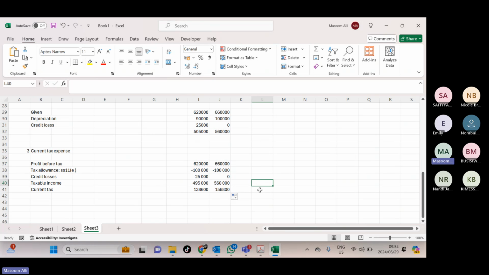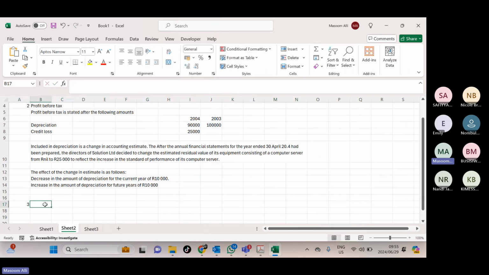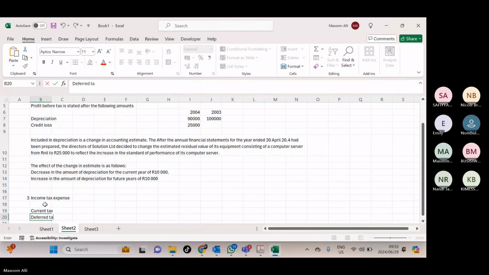Okay, and this then we would put in our income tax expense notes. So we have an income tax expense note over here. We'd say, remember, income tax expense. We'd have current tax, and we'd have deferred tax, and with our current tax, well, we've already calculated that. And then our deferred tax.